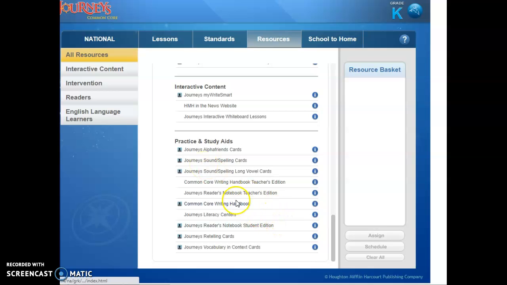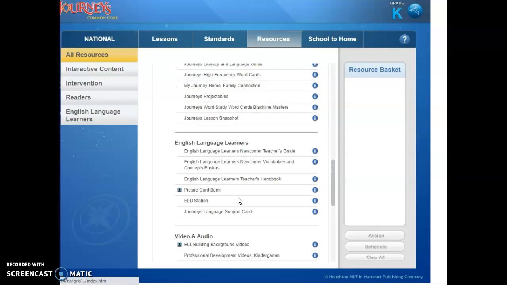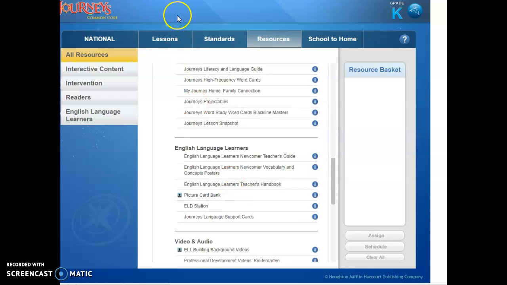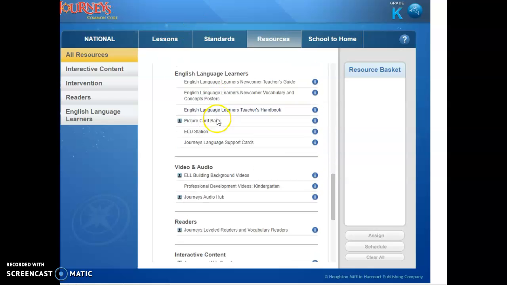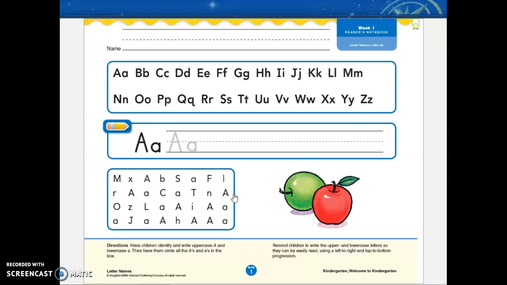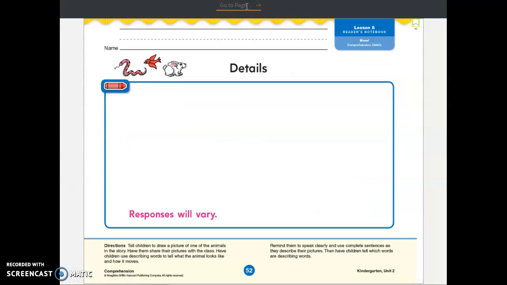Let me put in the page we need. Let's see if it comes up. There we go.